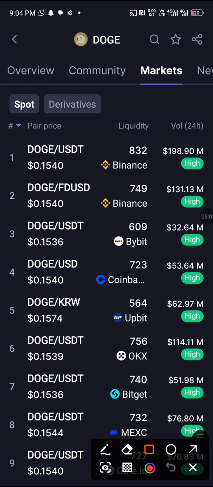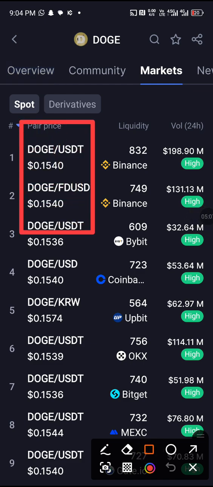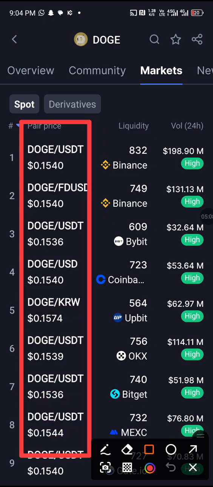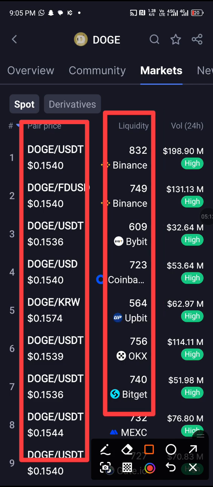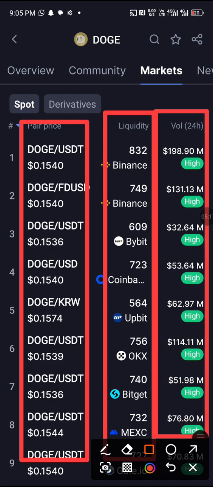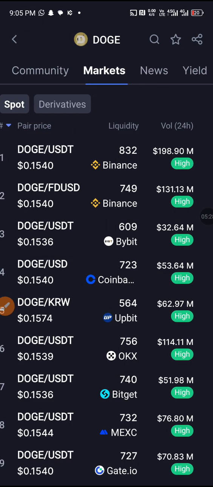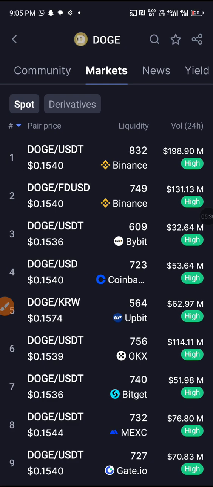Looking at this place, you can see this is the Doge that actually brought us here. You can see its liquidity based on exchanges, and here you can see its 24 hours volume. You can see all those volumes are very high. Now look at it from the perspective of Doge.